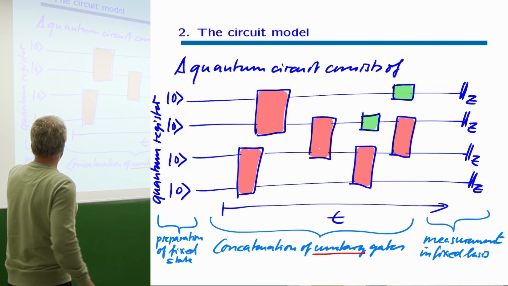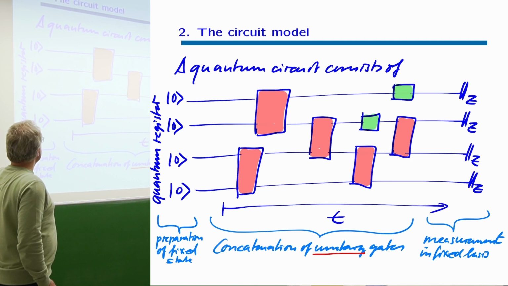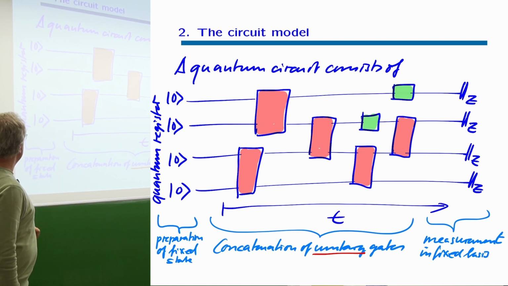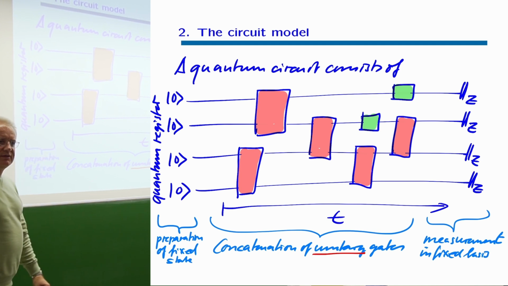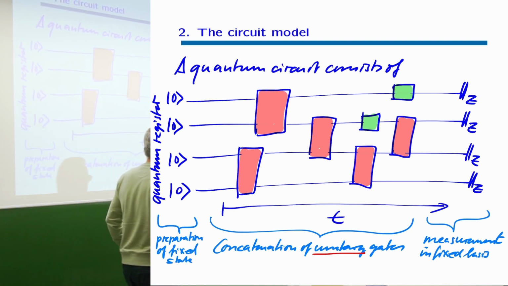Initially, these qubits are prepared in a fixed state. It will always be the same. In quantum computation, there is no variation in the initial state. For example, all qubits being in state 0. And you need nothing other than that in terms of preparation in the circuit model.